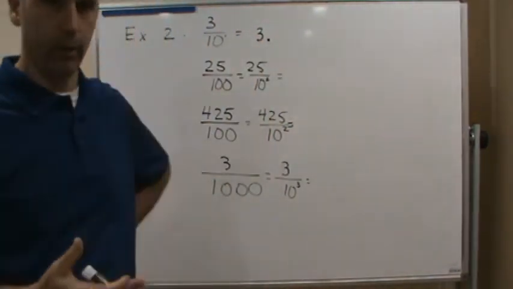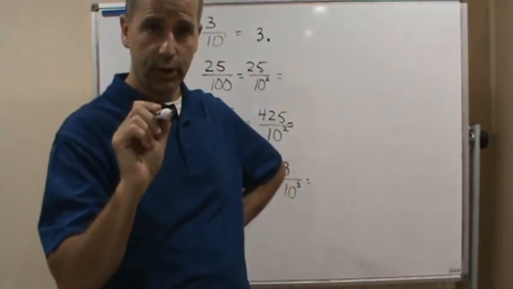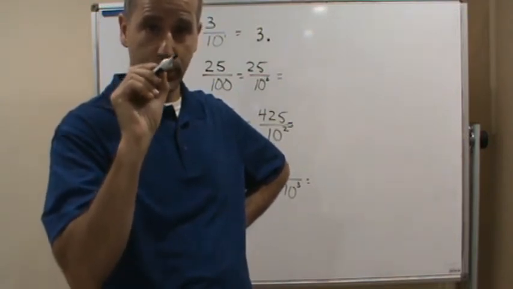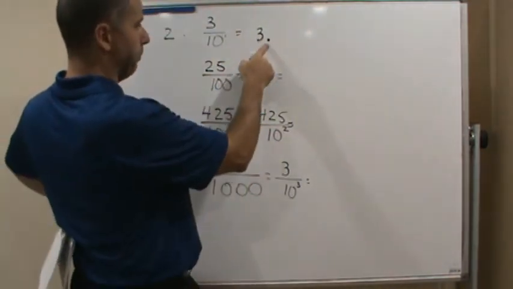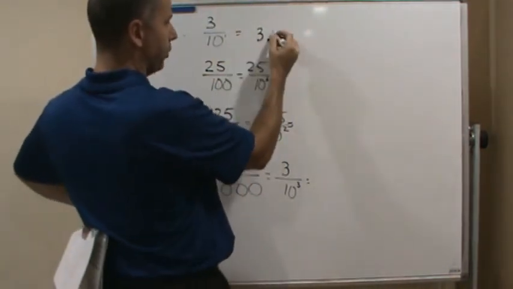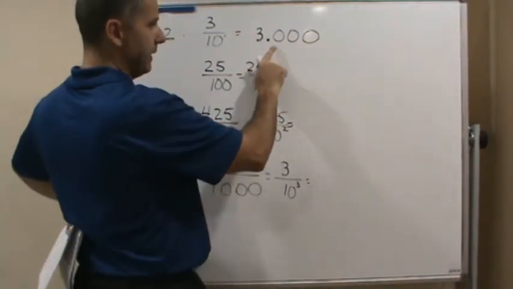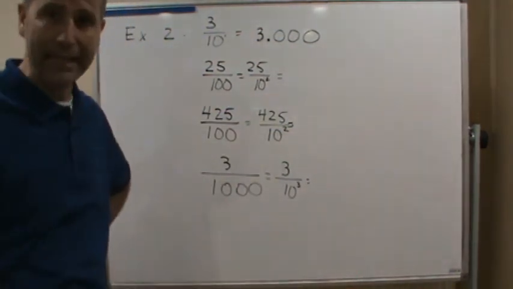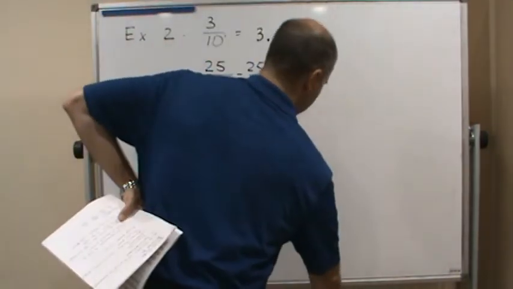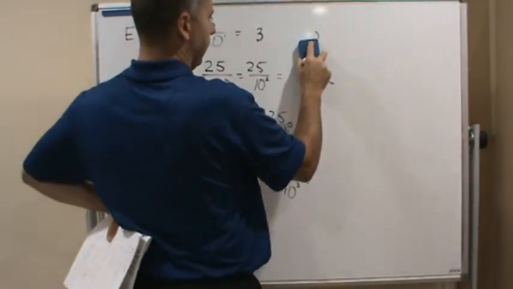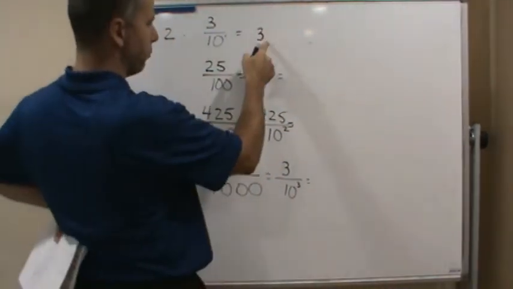So any whole number, it's understood or implied that there's a decimal point to the very right. So this would be 3 point, right? You can write it as 3.0, 3.00, 3.000. These zeros don't really mean anything. It's the same as 3, but you could put the point. So whenever we have a whole number, it's understood that there's a decimal point there, even though it's not written.